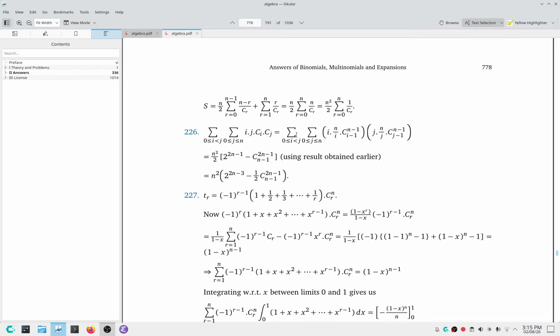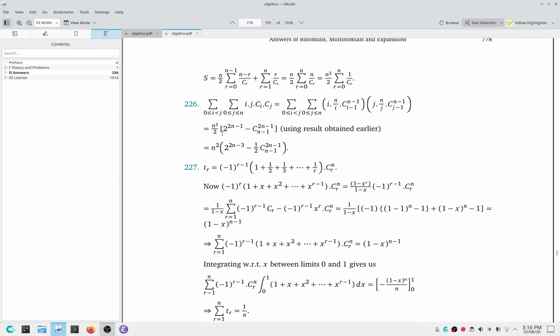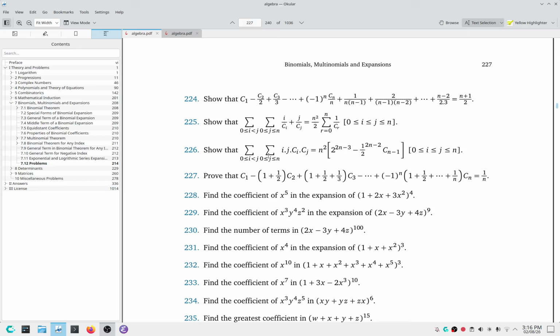So we have the sigma, we separate out i and j, we can write i into n upon i, c n minus 1 upon i minus 1, and j into n upon j, c n minus 1 upon j minus 1, which is equal to n square upon 2, 2 to the power 2n minus 1 minus 2n minus 1 c n minus 1, using the results we have obtained earlier, and thus we have the required sum.